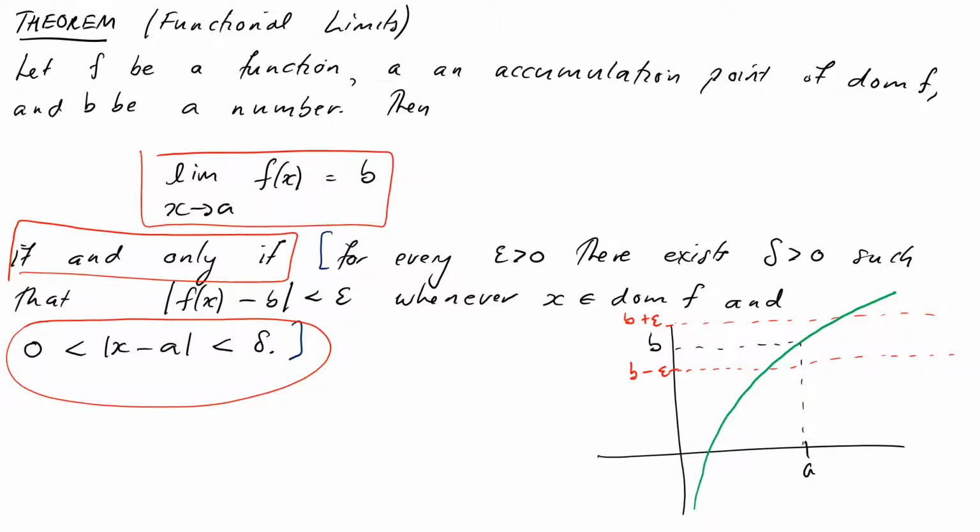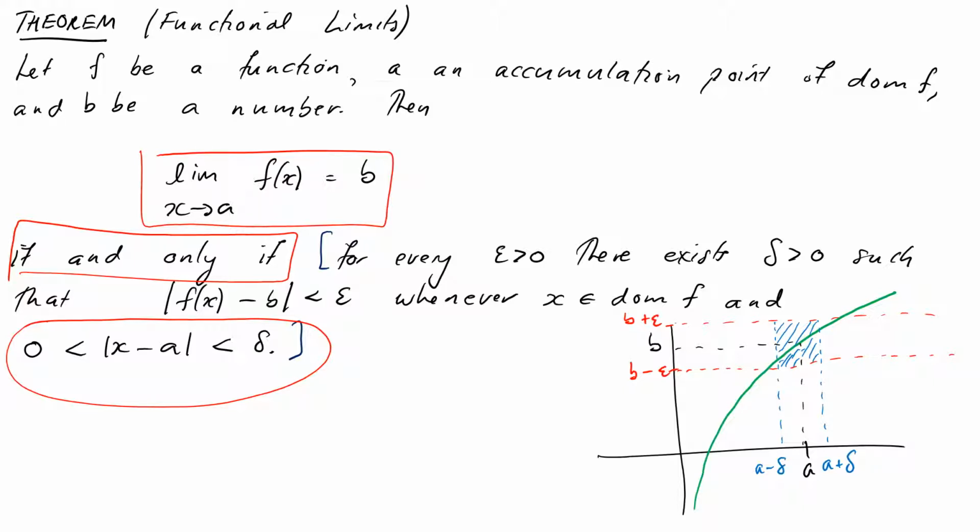So the way to understand this on the picture is actually the question is saying, once we've chosen this epsilon, is it possible to find a delta so that if I go within delta of a, so this will be a minus delta, this will be a plus delta, if I get that close to a, then my green function, the green part of the function there, is going to be entirely contained within that box.